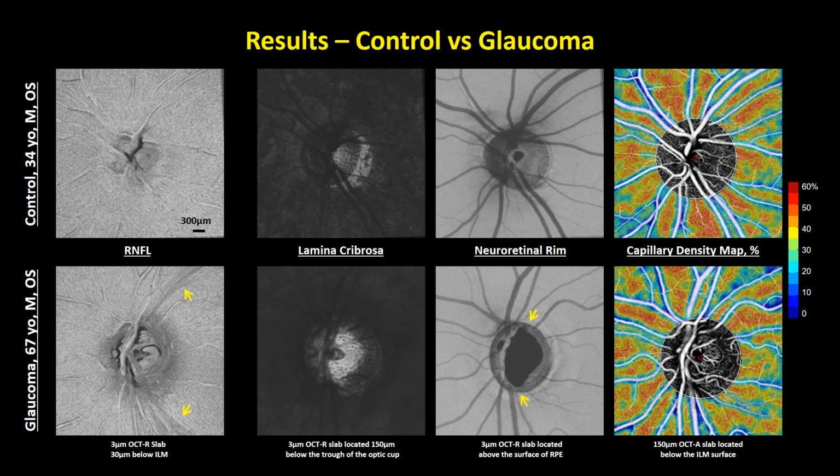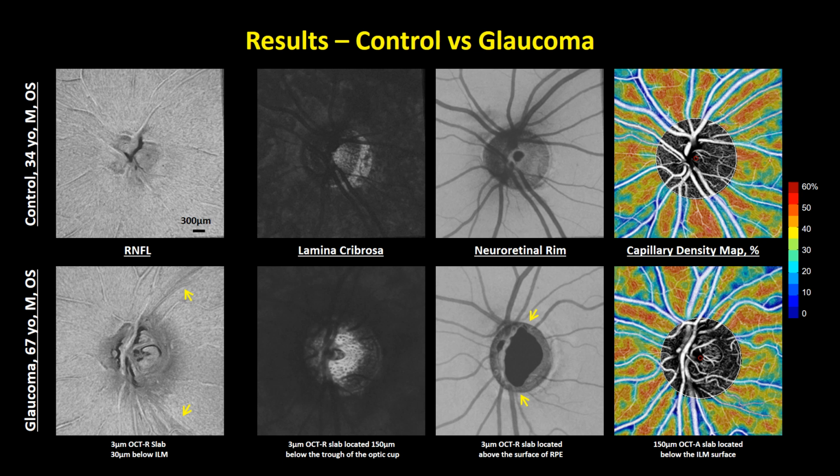Here is a side-by-side comparison of the lamina cribrosa pores, neuroretinal rim area, and capillary density images from a control, which is on the top row here, and a glaucoma patient, which is on the bottom row here.